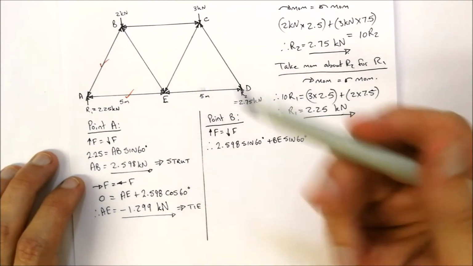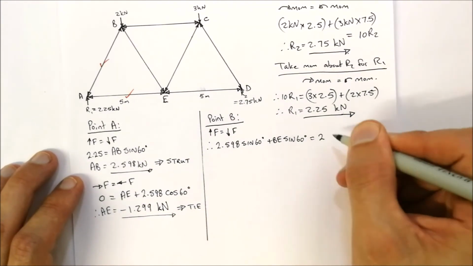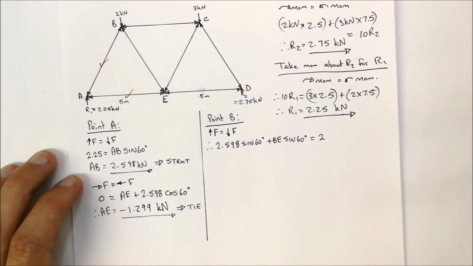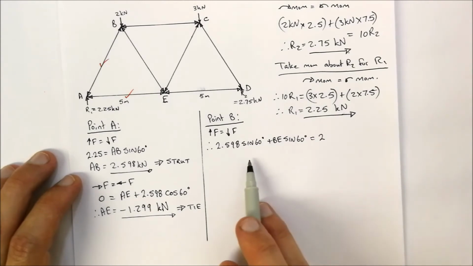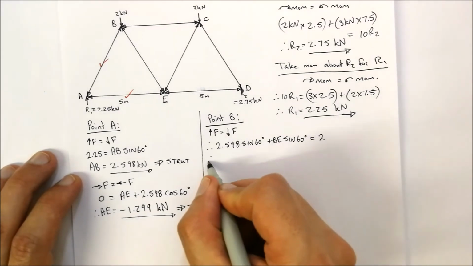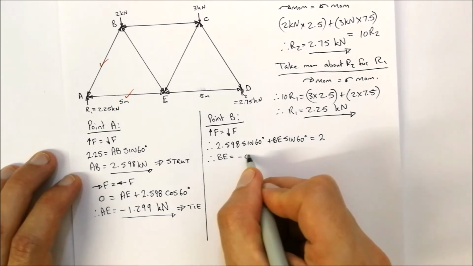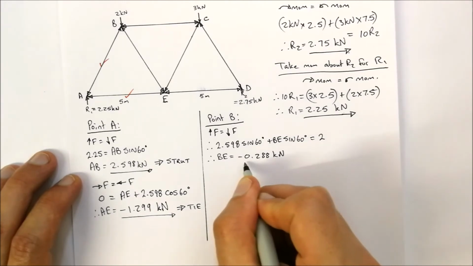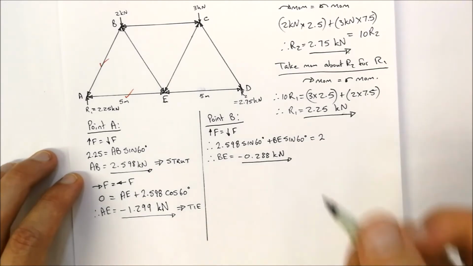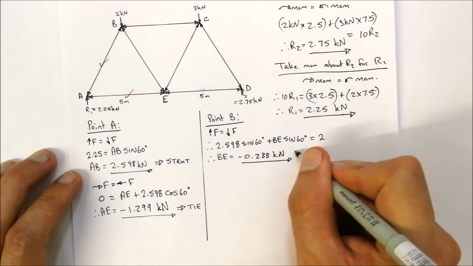There are no other upward forces. That is equal to the 2 kilonewtons acting downwards. Now we can make BE the subject of the formula, and when we do the calculations we find that BE is equal to negative 0.288 kilonewtons. The negative indicates that it is a tie and not a strut.